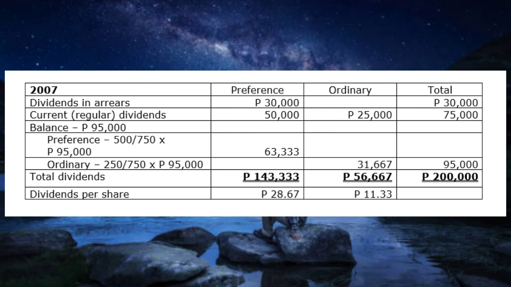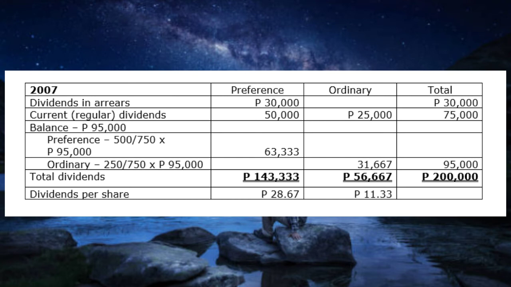Preference: 500 divided by 750 times 95,000 pesos is equal to 63,333 pesos. Ordinary: 250 divided by 750 times 95,000 pesos is equal to 31,667 pesos. Total of 95,000 pesos.